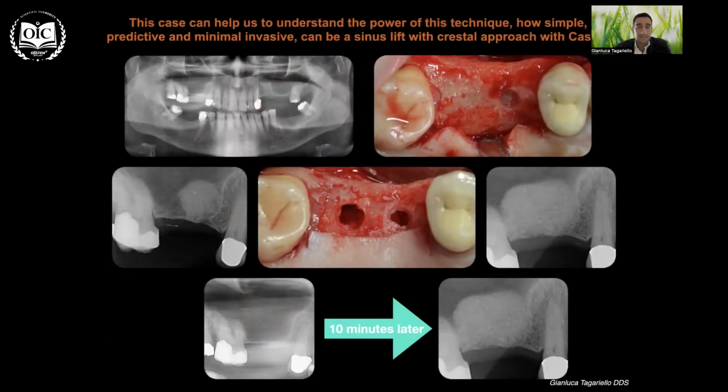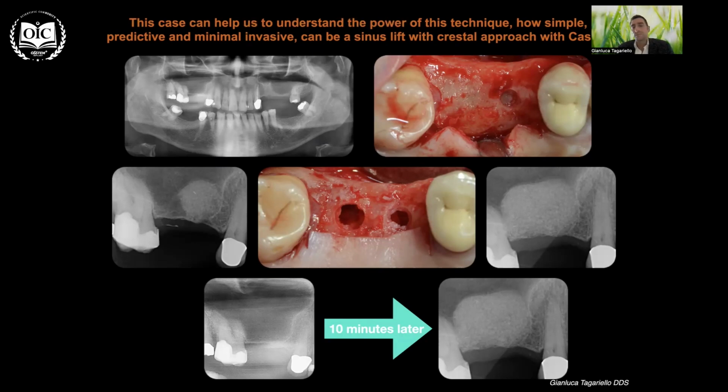In this case, we can understand the power of this technique, how simple, predictable, and non-invasive it can be: a sinus lift with a crestal approach with the CAS kit. Without this kit, we would have to do a lateral approach in area 1.5, 1.6.